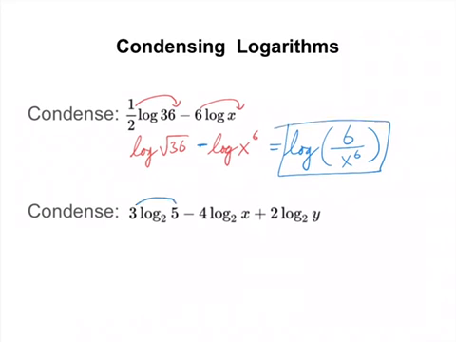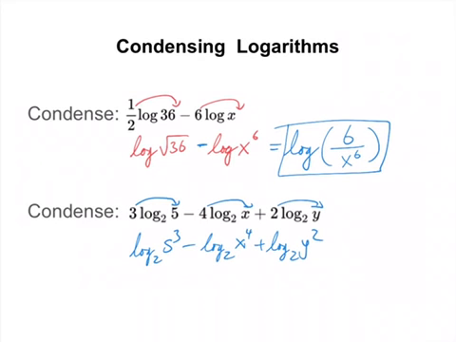Next, let's bring all numbers in front and bring them up as powers. So what I have here is log base 2 5 to the 3rd minus log base 2 x to the 4th plus log base 2 y squared. Then we need to write this as one big, huge log base 2.